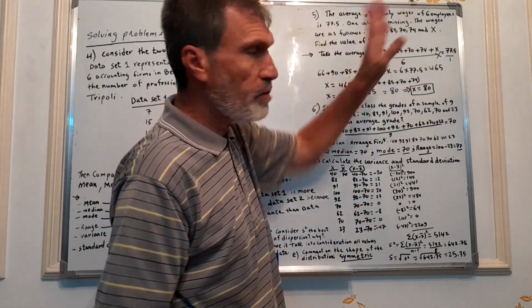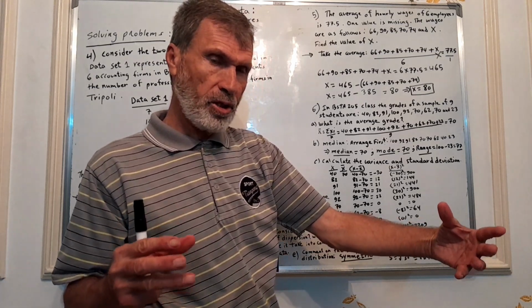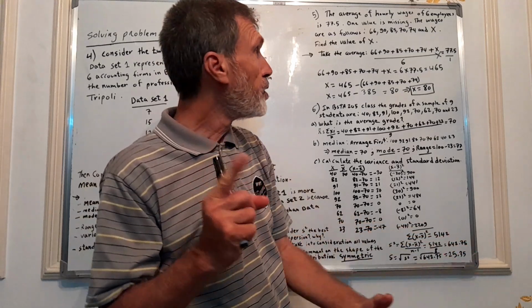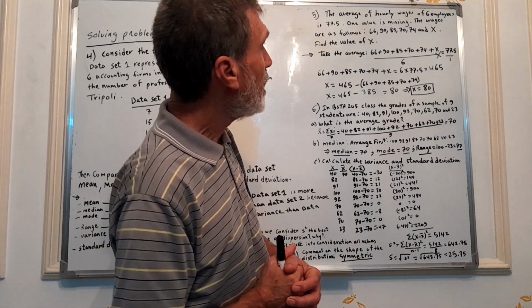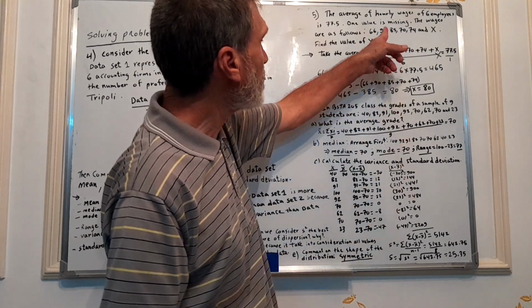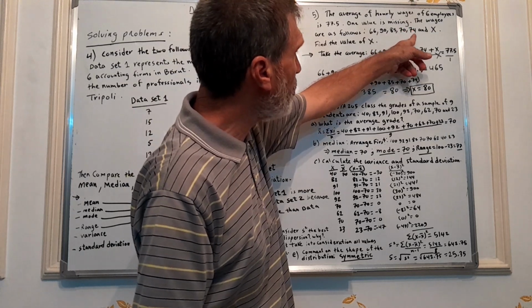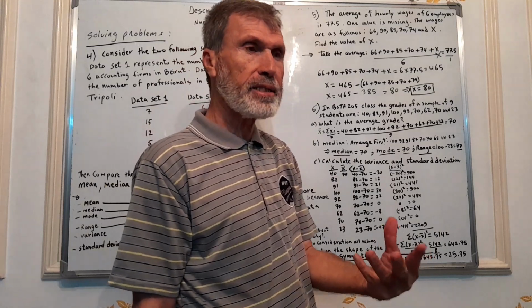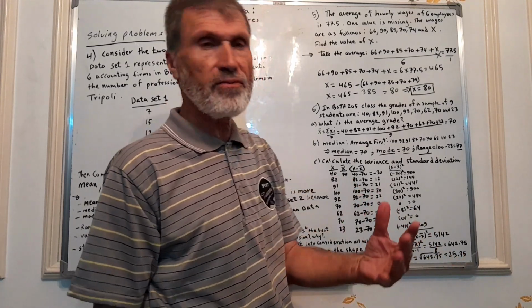Now, one value is missing. The wages are as follows: 66, 90, 85, 70, 74, and X. So X is a wage, but it is unknown, it is missing. So the question is to find the value of X.